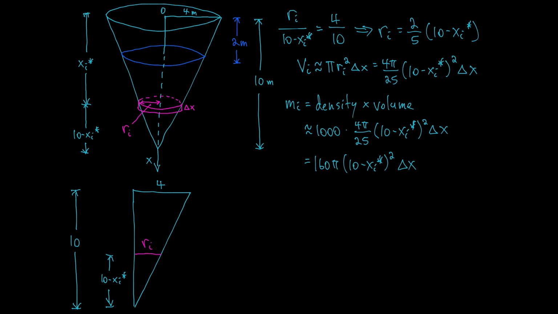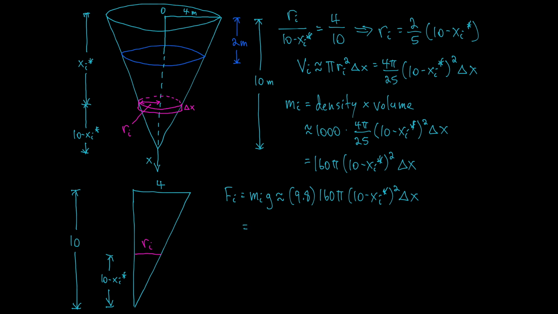We can calculate force. Remember that force is our mass times acceleration. In this case, acceleration is due to gravity. So that's going to be approximately 9.8 for the gravity, times our mass that we calculated, which is 160 pi times 10 minus xi star squared delta x.